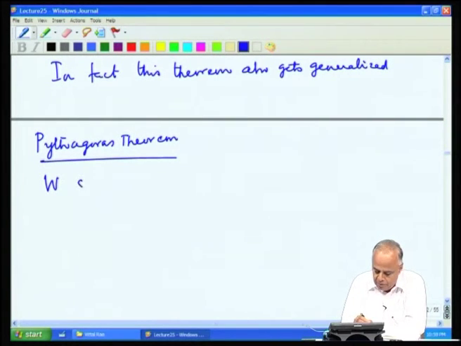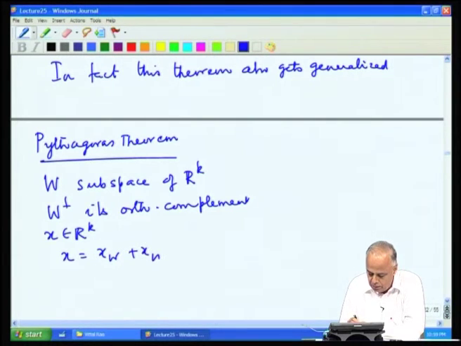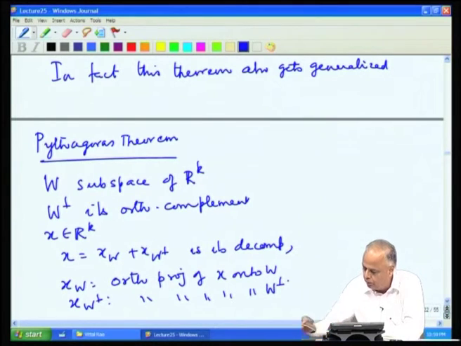So, W a subspace of R^k, W perp its orthogonal complement, x belongs to R^k, x equals x_W plus x_W perp is its decomposition, where x_W is the orthogonal projection of x onto W, and x_W perp is the orthogonal projection of x onto W perp.